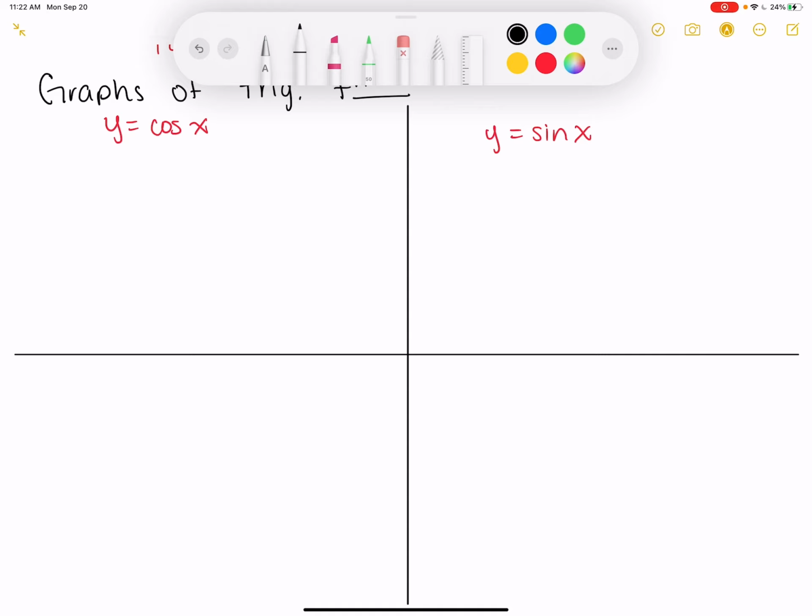All right, so remember on these ones, up and down on the y-axis, it goes from -1 to 1. That's always good.